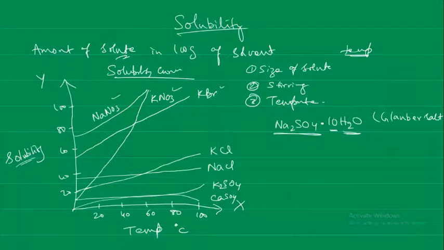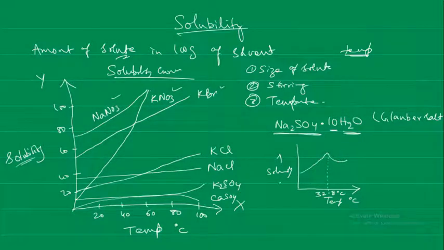Okay, so what are these 10 molecules of water? These are the hydration of this compound. Okay, so what happens is, when we increase the temperature, for example in the case of sodium sulfate, and we check the solubility, the sodium sulfate initially its solubility increases. Okay, but at around 32.8 degrees centigrade its solubility will decrease like this.